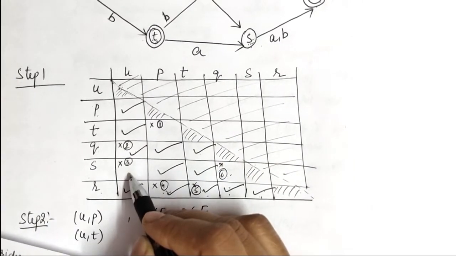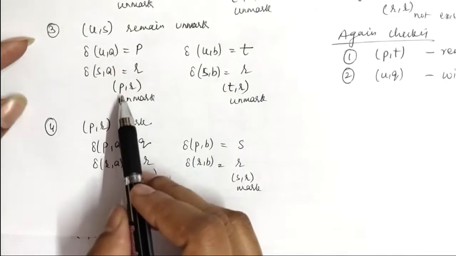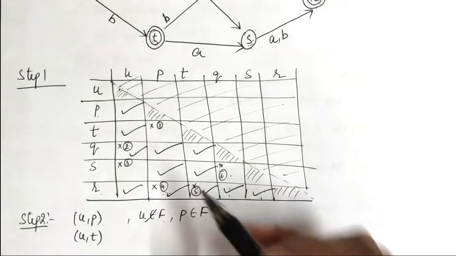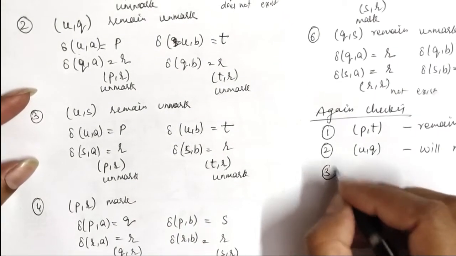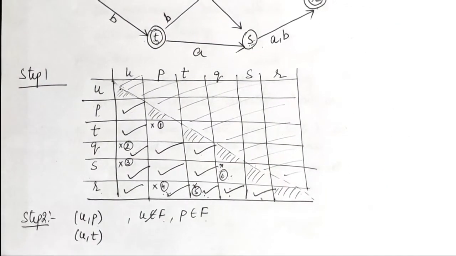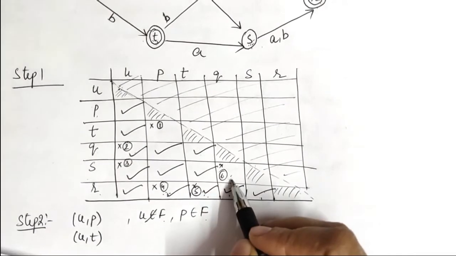Now the third set is U comma S. The resulting pair is P comma R and T comma R. P and R is marked and T and R is marked. So for the second updation, U comma S will be marked. So we mark this.